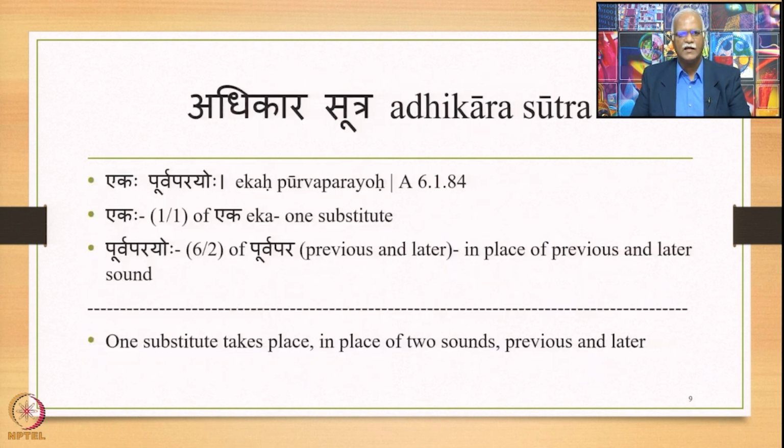The Dvisthanika Ekadesha is governed by the Adhikara Sutra Ekah Purva Parayoh, which means one substitute takes place in place of 2 sounds, namely previous and latter. Ekah Purva Parayoh is an adhikara that governs the 5 instances of Dvisthanika Ekadesha.